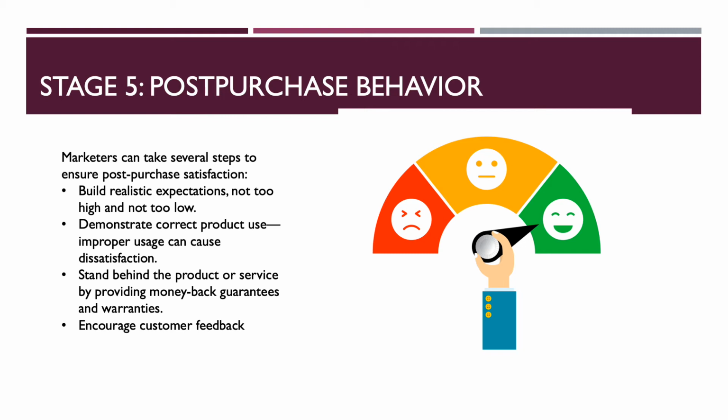That's why marketers should build realistic expectations, not too high and not too low. They should demonstrate correct product use because improper usage can cause dissatisfaction. Marketers should stand behind the product or service by providing money back guarantees and warranties.